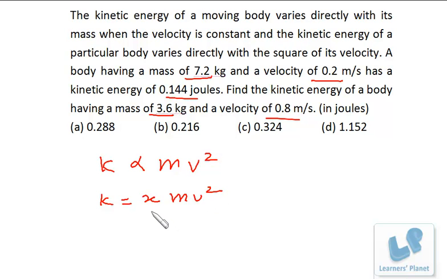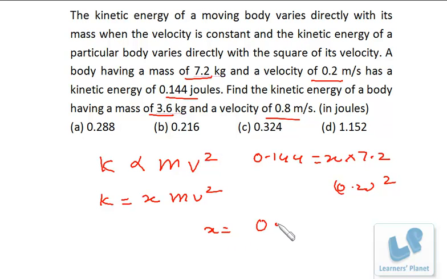Now we have to find out the value of this constant. Let's put the values of K, m and v square from the data. With the kinetic energy 0.144, that is equal to x into m, which is 7.2 kilogram, and velocity is 0.2, that means 0.2 whole square. So now let's calculate the value of x.